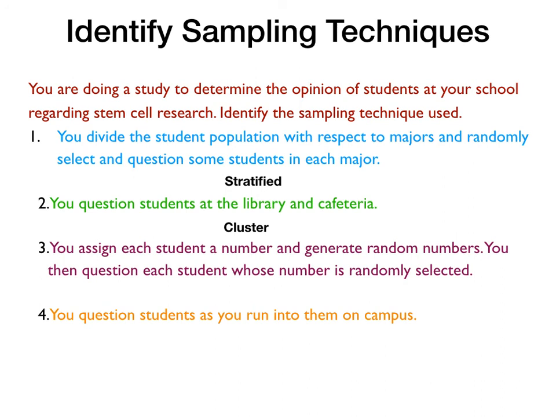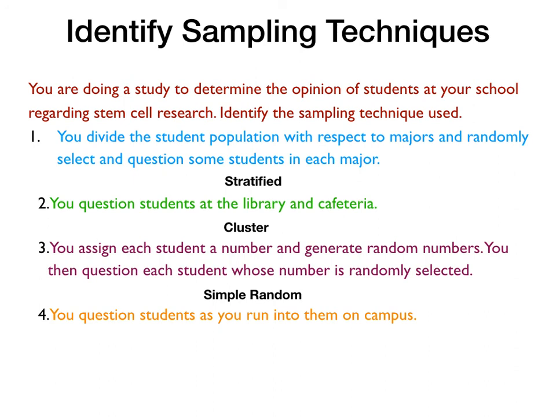So it is cluster sampling. Third, you assign each student a number and generate random numbers. You then question each student whose number is randomly selected. Assign a number, generate numbers, randomly select those numbers, then it's going to be a simple random sample.